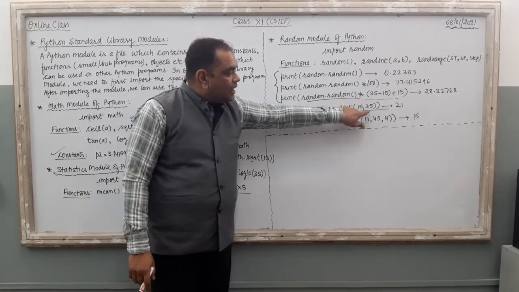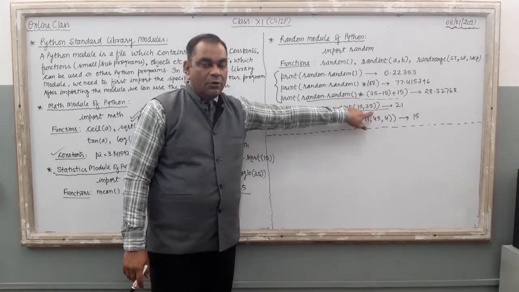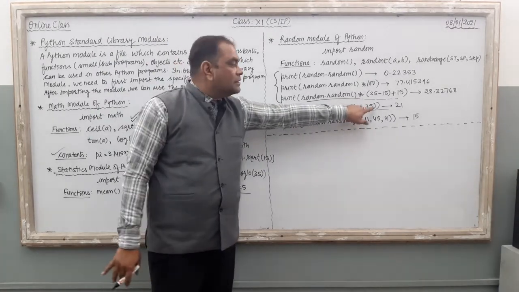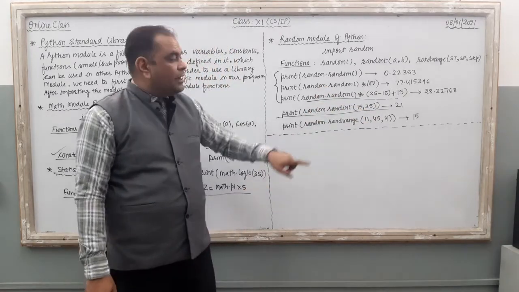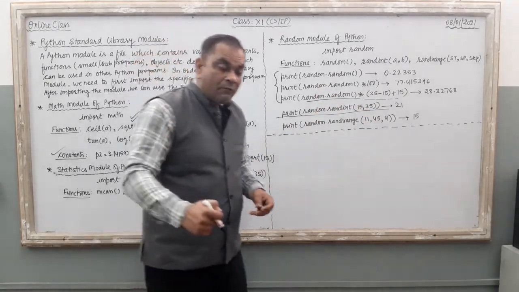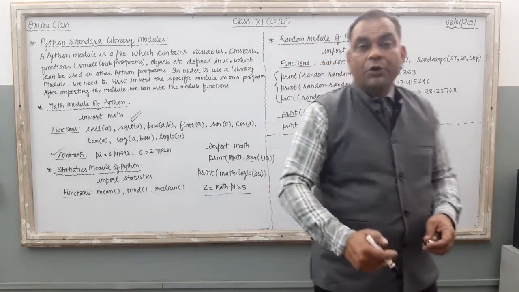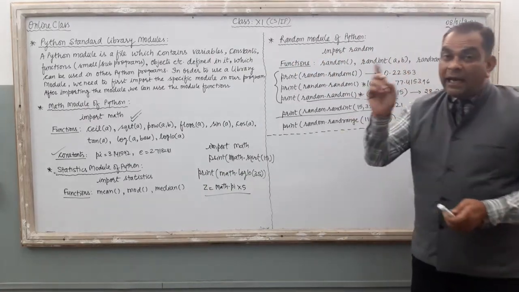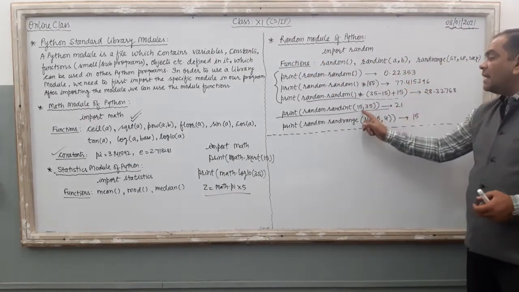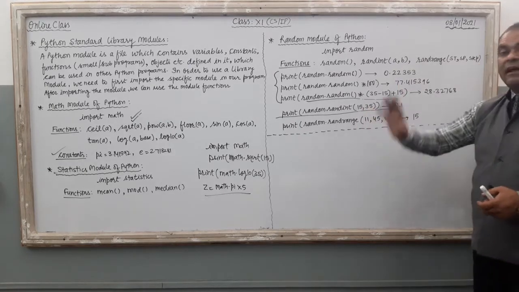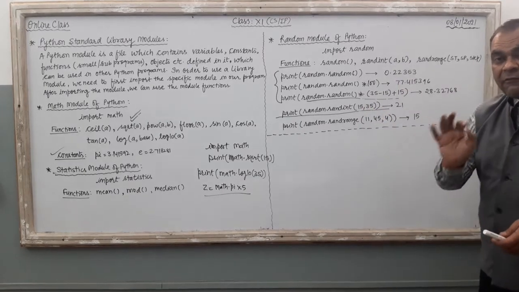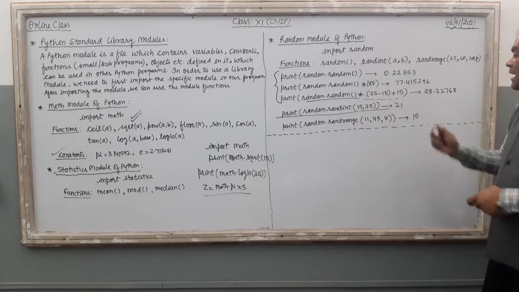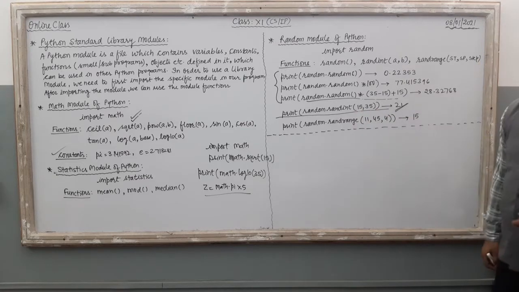Here you have to supply two different values. The first one is the minimum value, the second one is the maximum value. Now when you execute this statement, the computer will show you a random number in integer format that is in between 15 to 35. Suppose the very first time you execute the line, the output is 21.